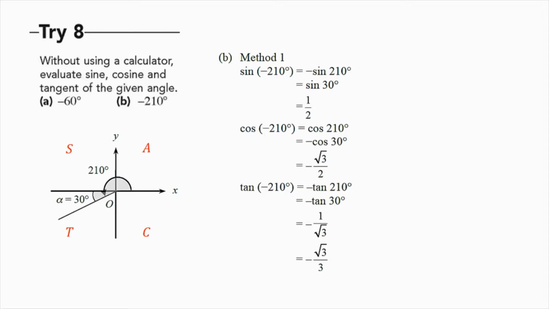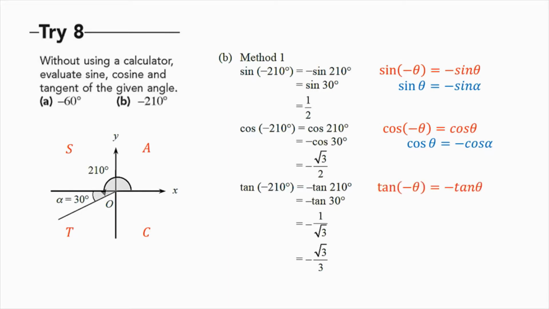Cosine negative 210 equals cosine 210. Okay, so these are the steps. For tangent negative 210 equals negative tangent 210, just taking out the minus sign only. And then tangent 210 equals tangent 30 degrees.